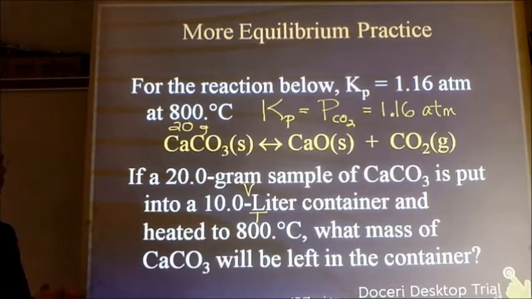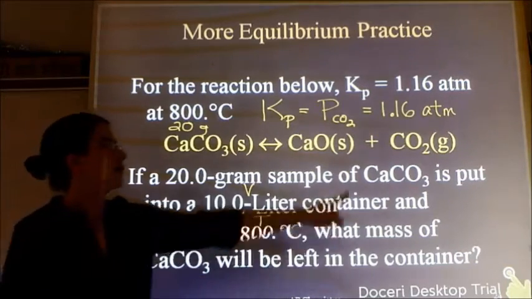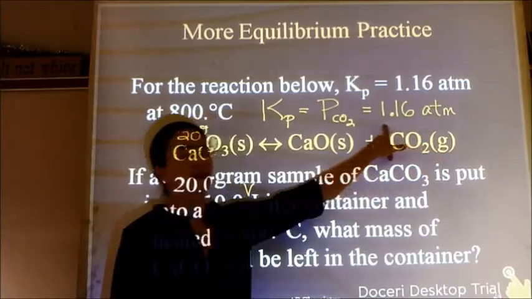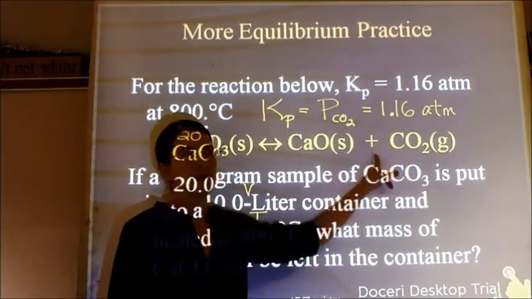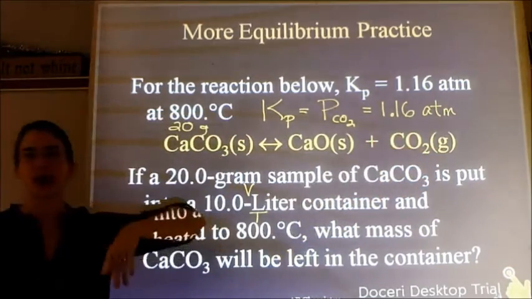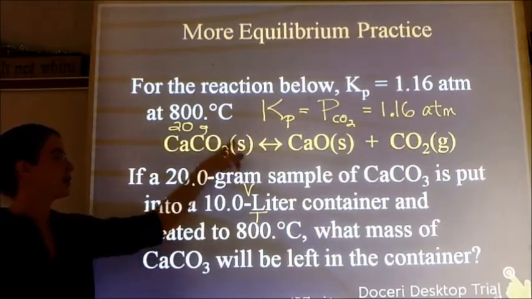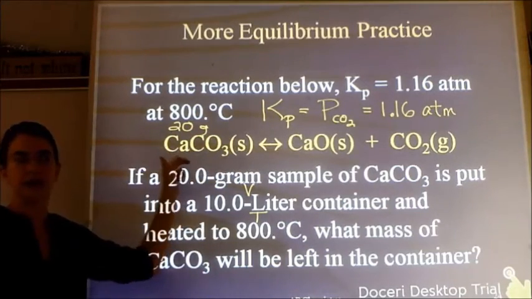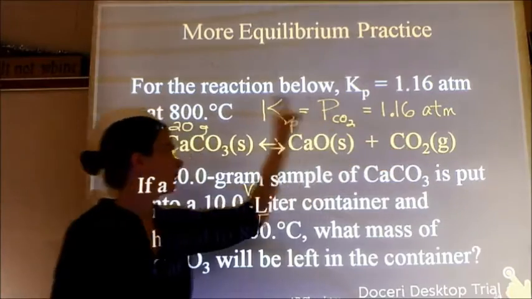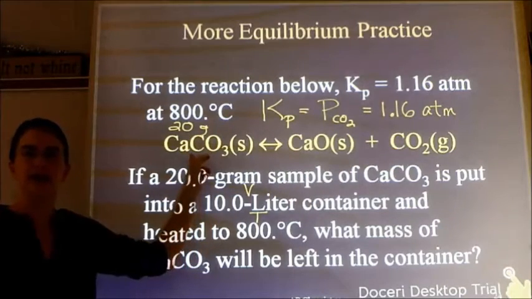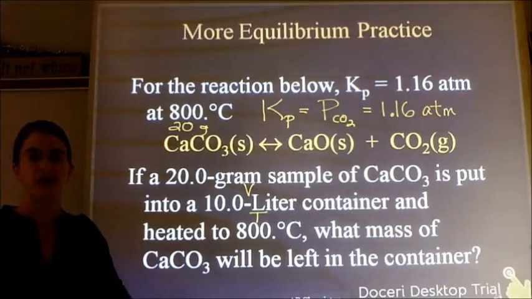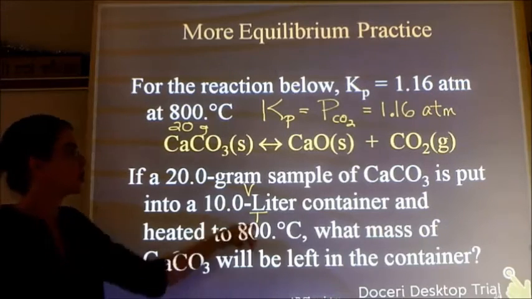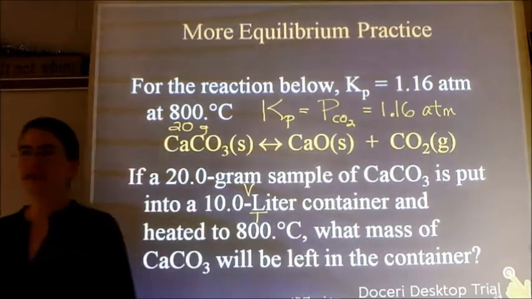Okay, well, think about this for a second. I have information about this product, and I'm being asked a question about this reactant. Does that look like a stoichiometry situation? Yes, it does. But it's also got gas laws stuff in it.